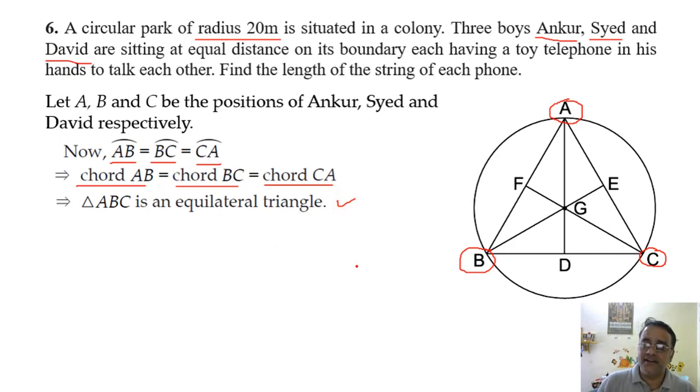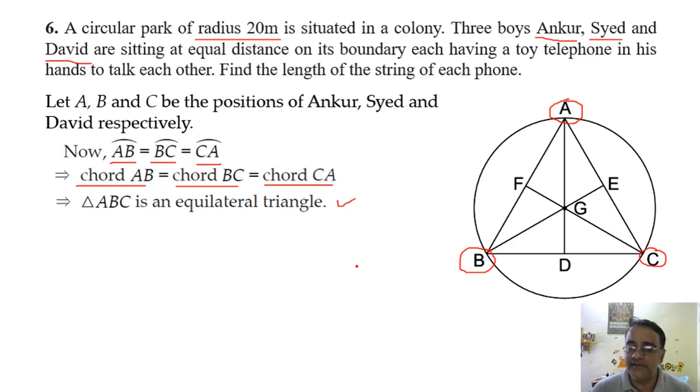Now, a very good property of an equilateral triangle is that the orthocenter, centroid, circumcenter, and incenter are all the same. Now I am telling you what the orthocenter is, one by one, listen carefully.